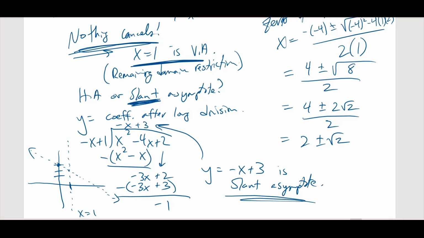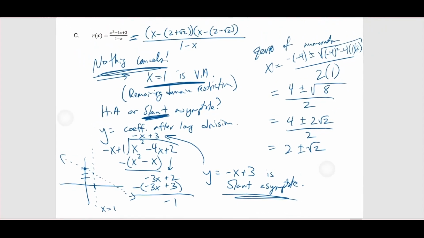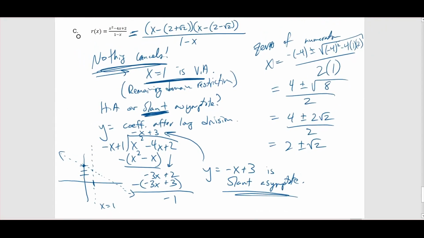Okay. And now what else can we put on the graph? Can we put anything else on the graph? Well, if we put in 0, r of 0, right, that would give us 2 over 1. So that's a point on the graph. Super. Are there any other points on the graph that we could put in there?